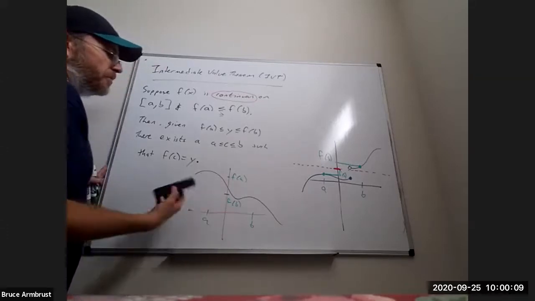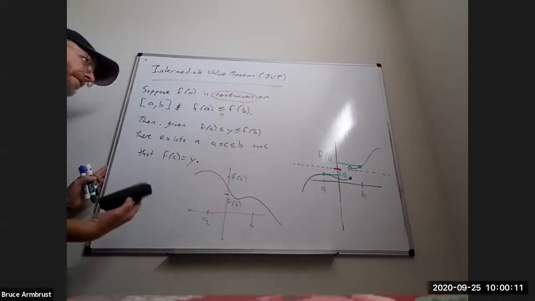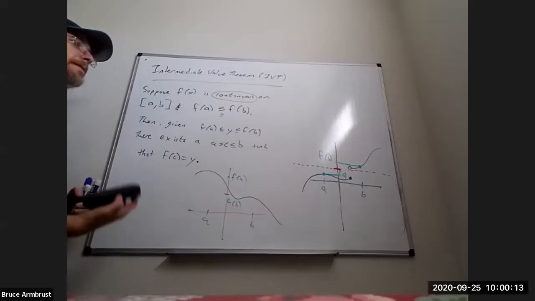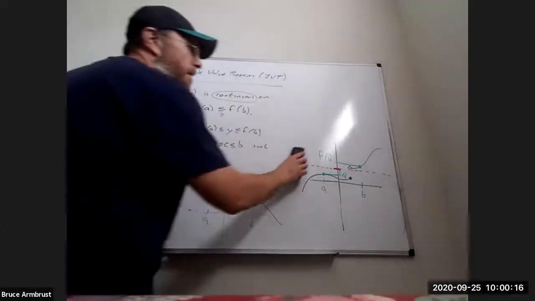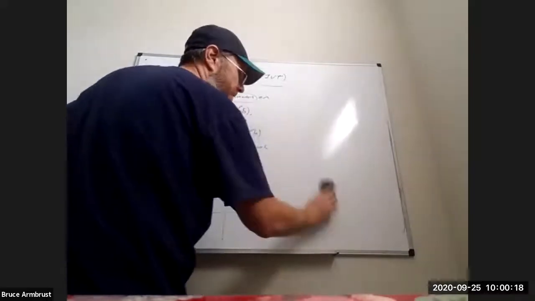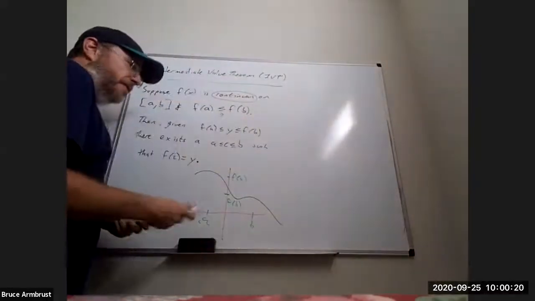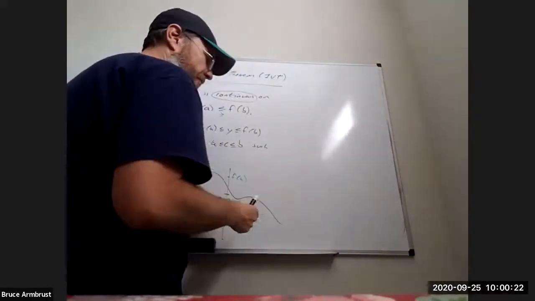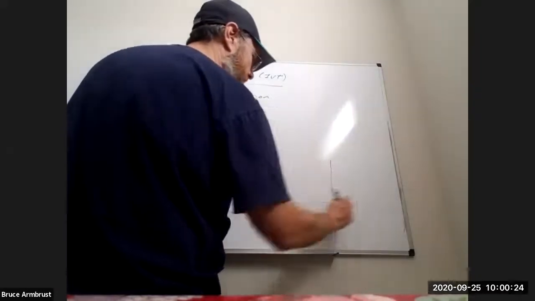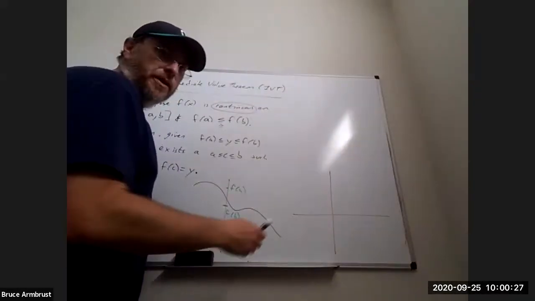All right, now I want to show you one other thing that sometimes students think is a problem, but it isn't. And that's a situation like this. Let's take a function. We'll make it a polynomial of some type. It's got some turnaround points.